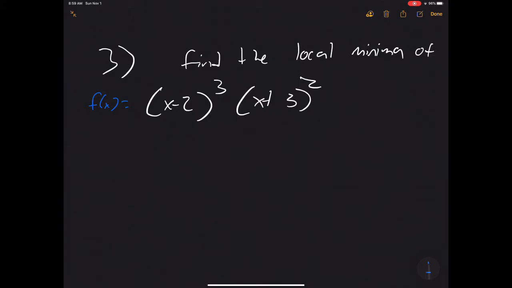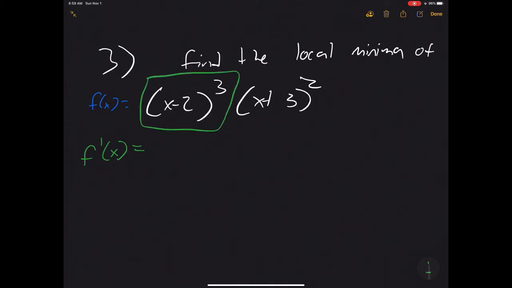Number 3 asks that we find the local minima of the function f of x equals (x minus 2) cubed times (x plus 3) squared. I think the easiest way to do it would probably be just to take the derivative, so we'll go through that now. f prime of x is equal to, we will do the product rule, so I'll take the derivative of this piece first.